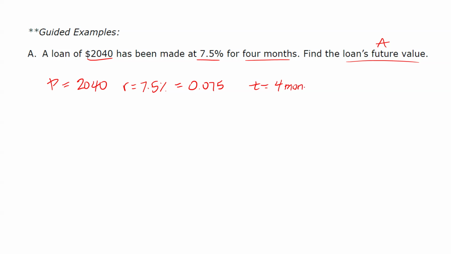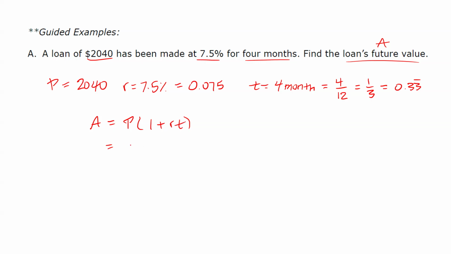Now, time is given in years, so we need to represent this in years. So 4 months out of 12 months would be 1/3, or 0.33 repeating. All right. So our formula, A equals P times 1 plus RT.